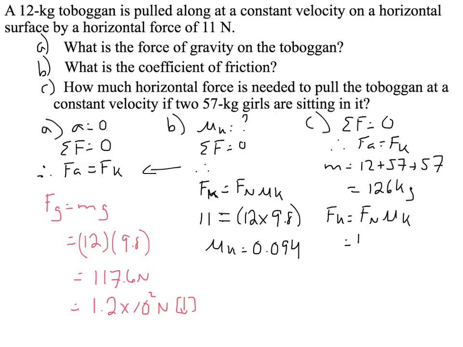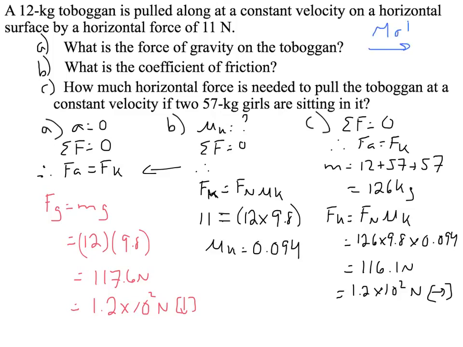And we get 126 times 9.8 times 0.094, giving us an answer of 116.1 newtons, and then therefore 1.2 times 10 to the 2 newtons that way. Okay, I should have written that at the beginning, but let's assume motion is that way, and we'll also say that as positive.